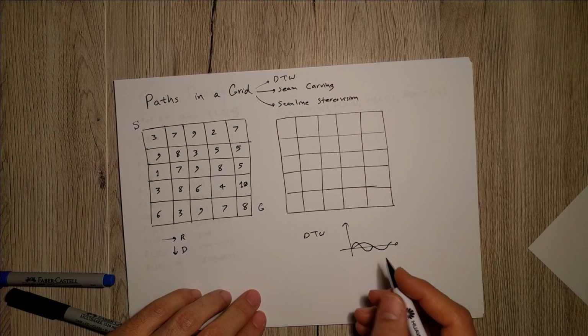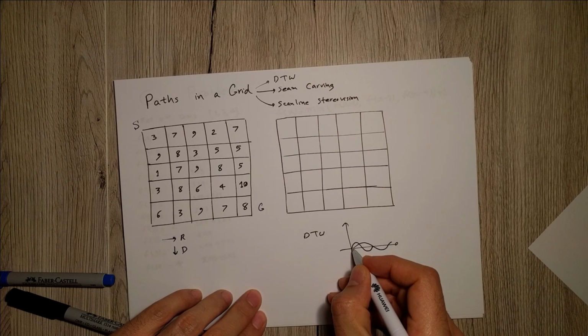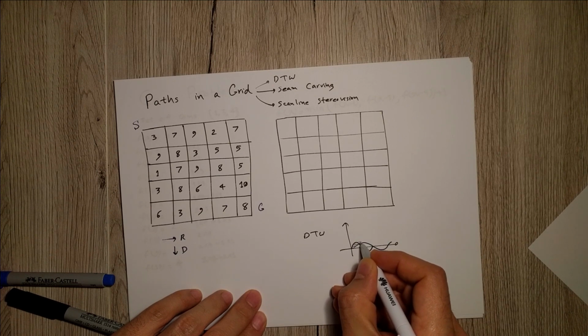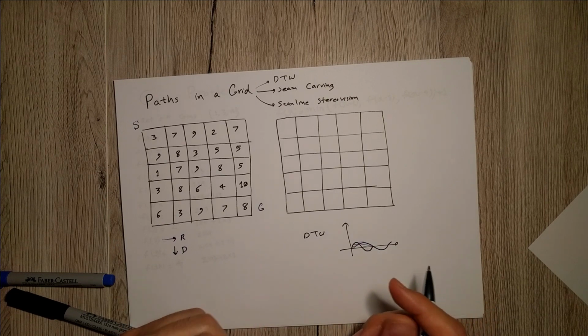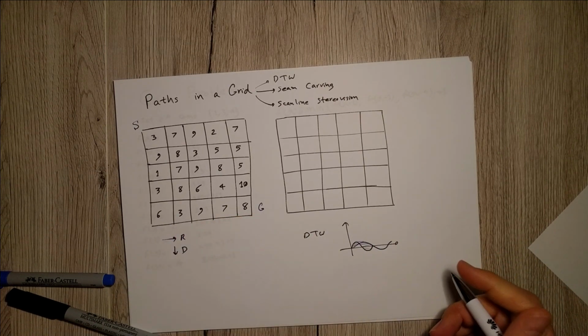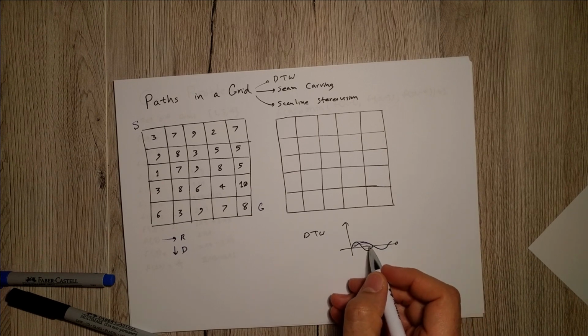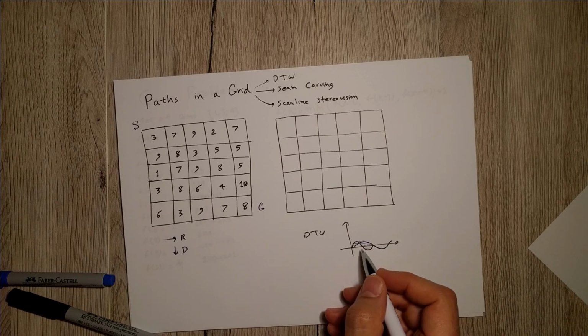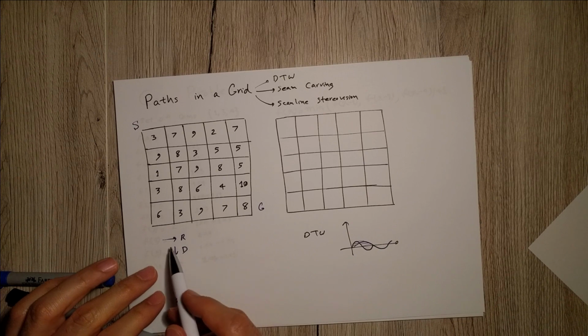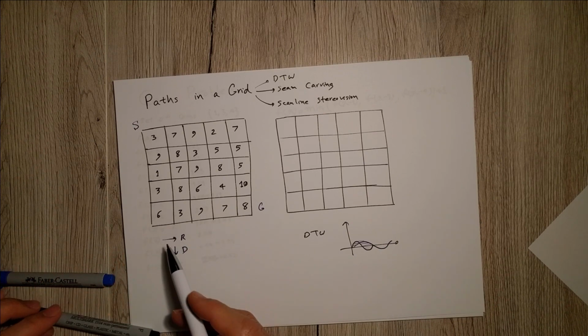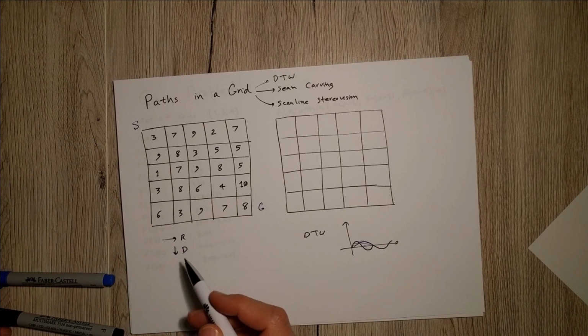There might be some noise on them, but you can see that this point is this point, and these points are this point. It's just been stretched. So you are not allowed to assign this point to that point. You cannot go back. That's why you have some limitation in moving. You're only allowed to go right or down.